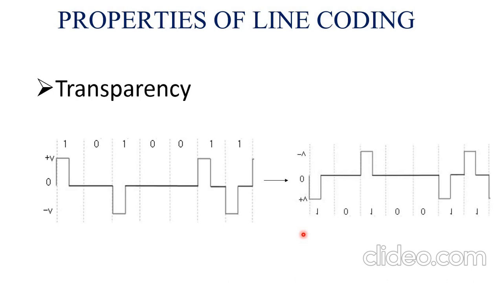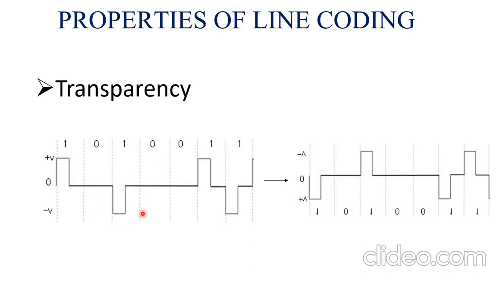I'll say it again. If I am representing 1 by 1 only, I cannot represent it by -1. If I invert the polarity, then the basic meaning will change. Like this example, the data is 1 0 1 0 0 1 1, and this is the AMI. The first one is the positive polarity and the next one is the negative polarity.